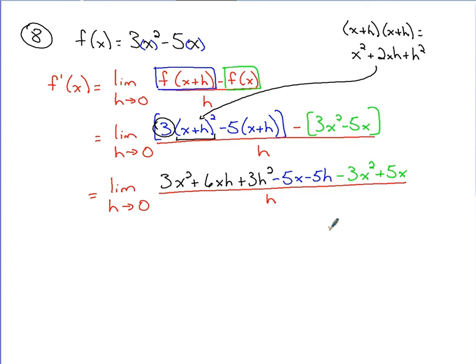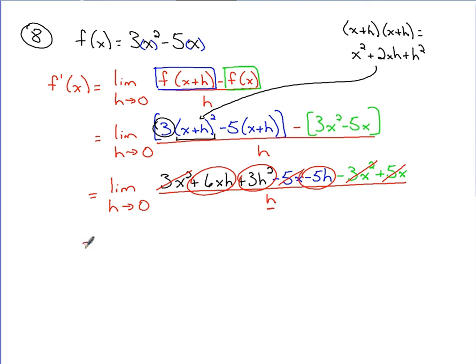So all the multiplying, that piece is complete. Now if you collect like terms, notice what subtracts out. 3x squared subtracts out. The 5x's subtract out. And we know we're doing this correctly if we only have h terms remaining. Because the idea is I'm going to take this h down here and divide into those terms.